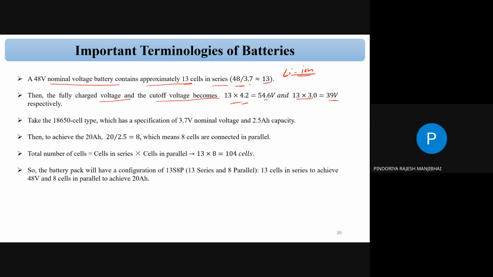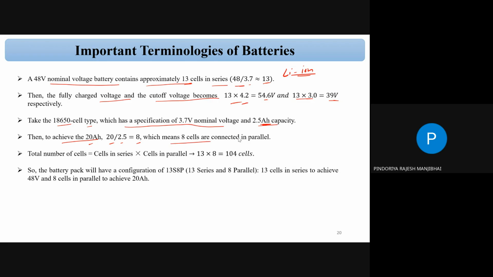Take the 18650 cell type, which has 3.7 volt nominal voltage and 2.5 ampere hours capacity. To achieve 20 ampere hours, we can say 20 divided by 2.5 ampere hour capacity is equal to 8, which means 8 cells connected in parallel.